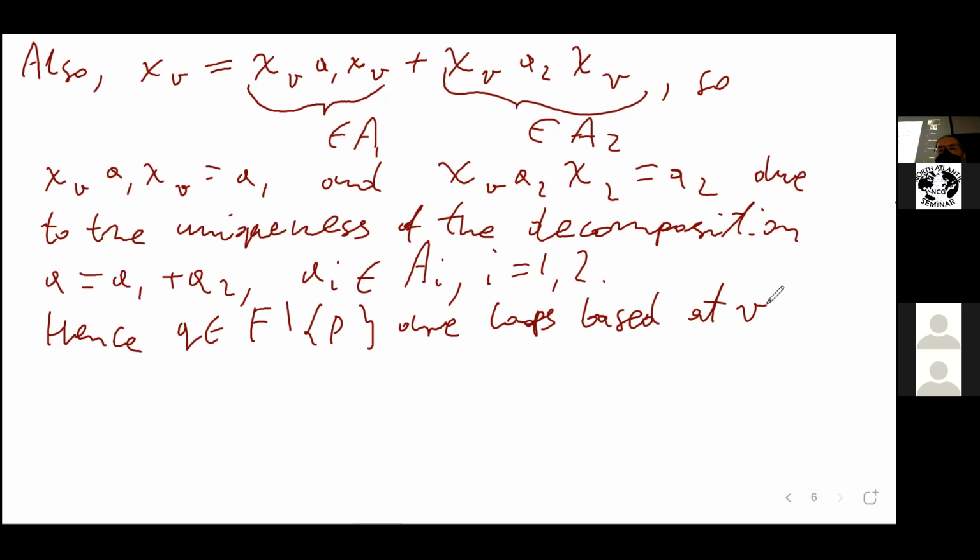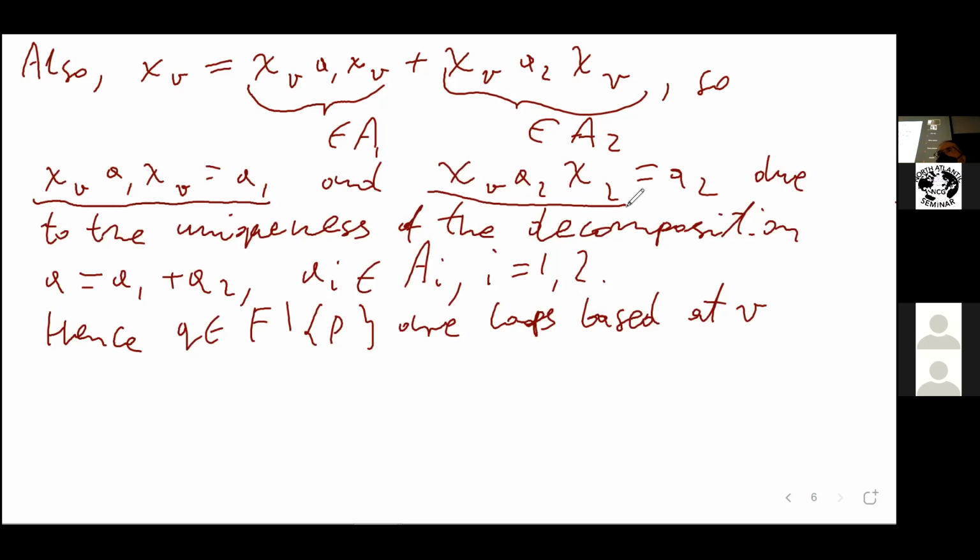Okay, and because we have this equality and we have a uniqueness of writing any element in terms of basis elements, so coefficients must be equal next to basis elements, we conclude that indeed because of these equalities, the only thing which can be non-zero is whenever my path Q is a loop based at V. It must begin at V because I multiply with chi V on the left, and it must end with V because I multiply with chi V on the right.